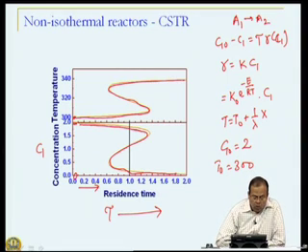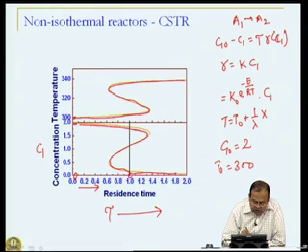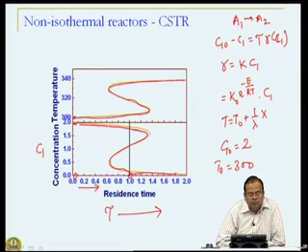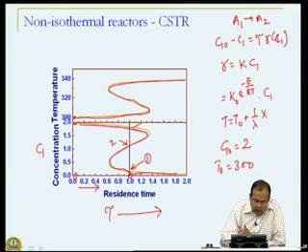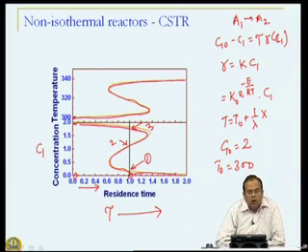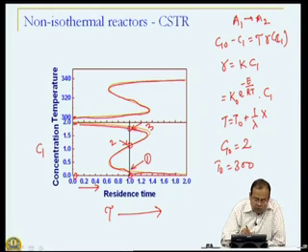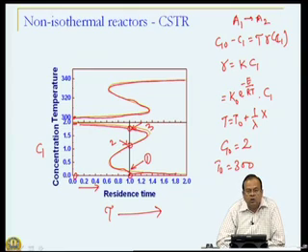So, now what happens? Suppose I have a residence time which is unity. At this residence time I have 3 possible values of concentration, number 1, number 2 and number 3. This behavior once again is similar to what we saw in a non-isothermal catalyst reactor behavior, that is multiplicity of steady state.